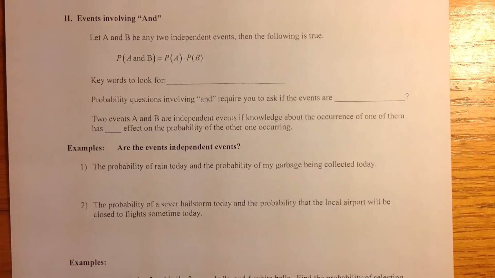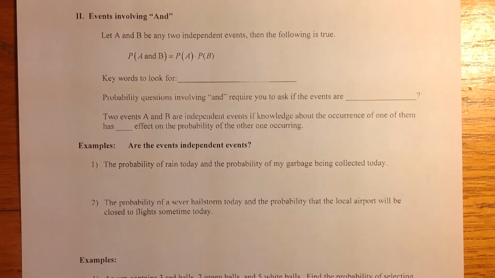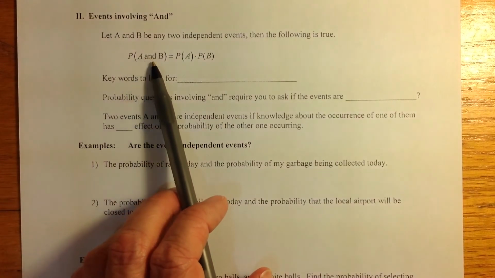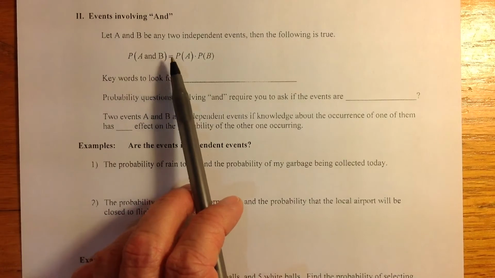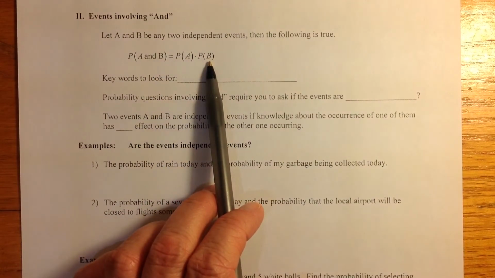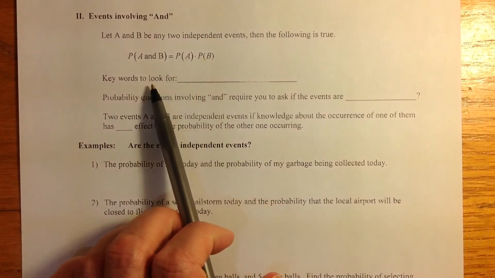All right, now we're going to go to the second idea of 11.3, which are events involving and. So there's some key words we need to look for and some ideas that we need to address first. So if we want to find the probability of A and B, we can take the probability of A times the probability of B. But certain things have to be satisfied.